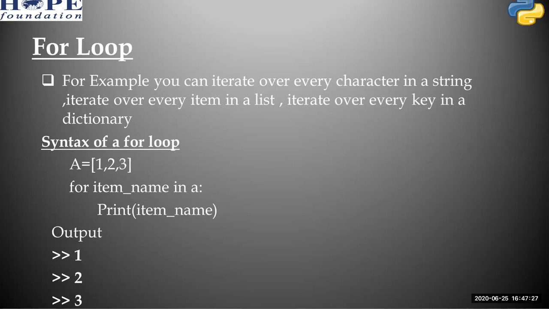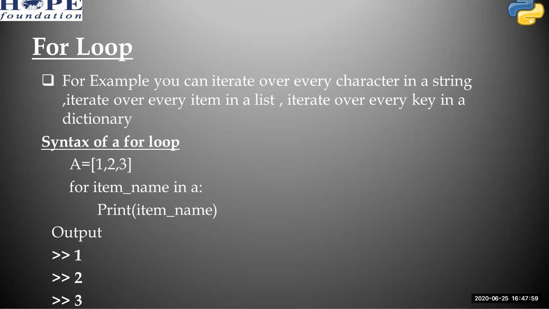Each time, the value is stored in item name. Each loop is called an iteration. During the first iteration the item name has one, in the next iteration the item name has two, and in the final iteration the item name has three.